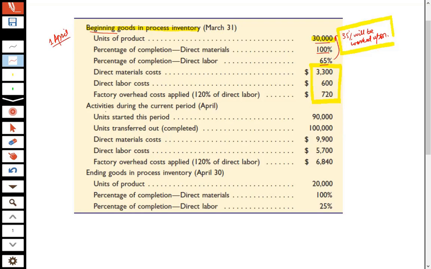So during the current period, April, we started 90,000 units fresh, and out of the total units, the beginning process units and the freshly started ones combined, the transfer out was 100,000. It is also evident that from 90,000 units, 100,000 units cannot be produced. It means there must be some opening units in the process also.